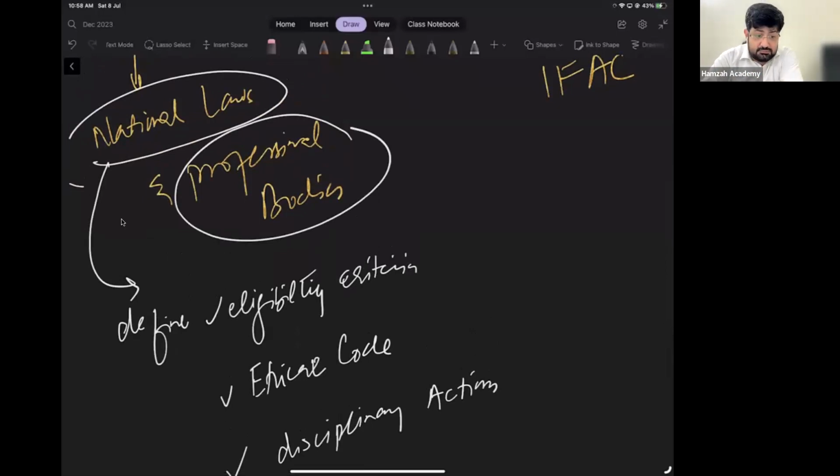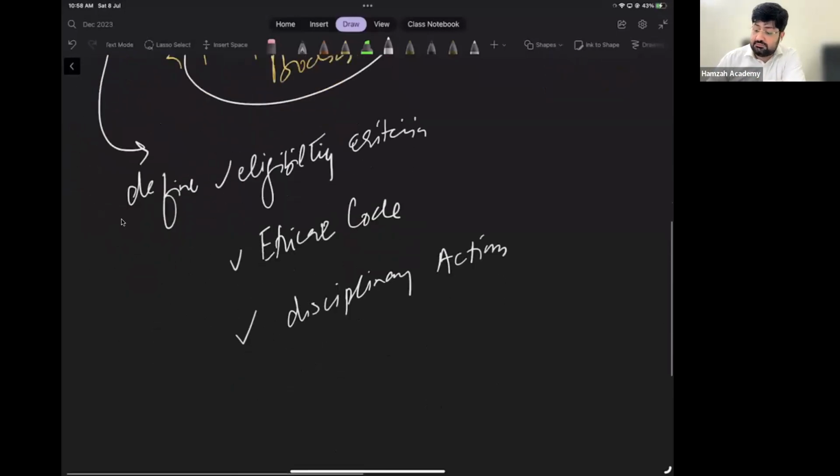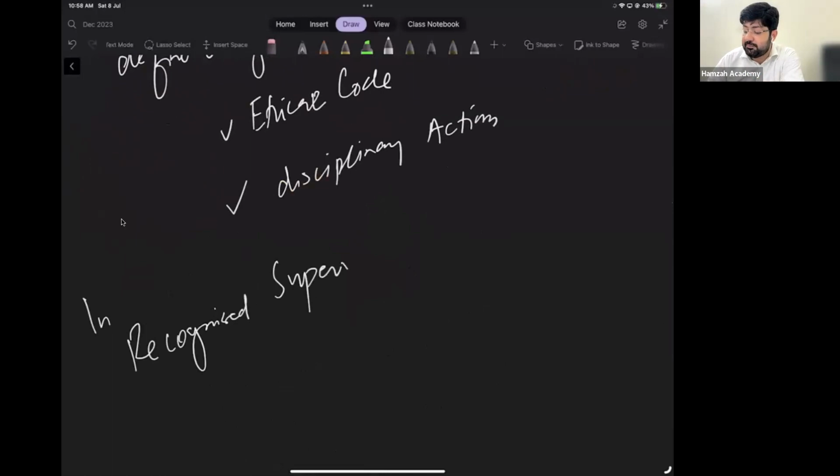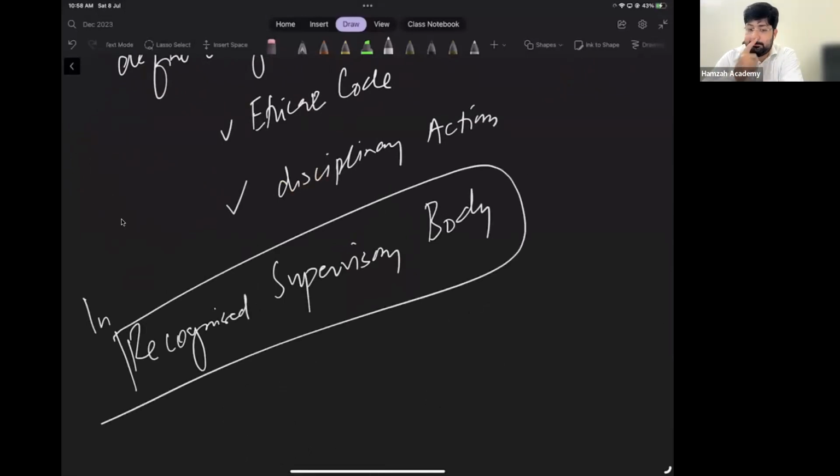Actually in some countries, especially in the UK, there is the concept of recognized supervisory bodies. Recognized supervisory body. For example, in the UK, even in your country, ACCA is a recognized body which supervises the professionals.